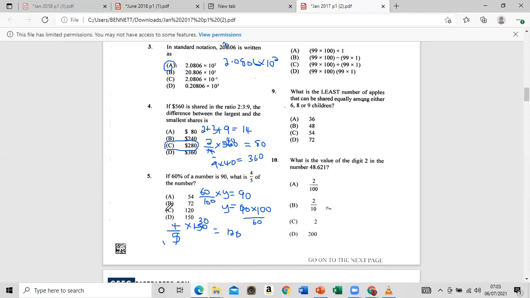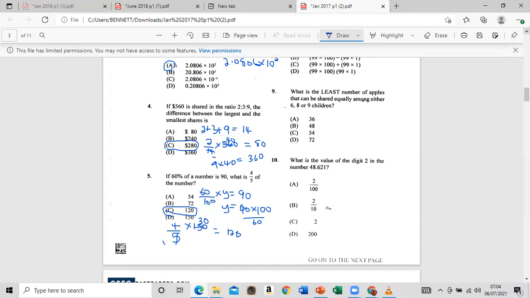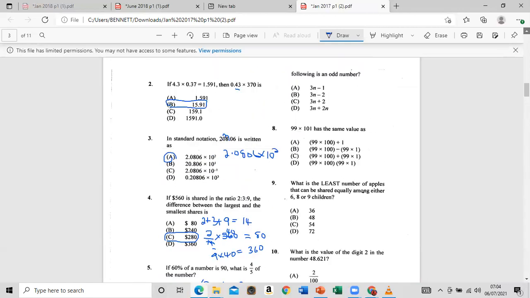So 4/5 of the number is 120. You know, I never have to write it down; I'm just going to say 4/5 of the number 150 right away.